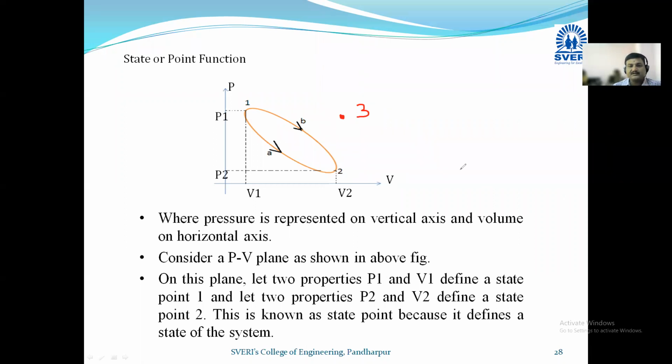Okay, have you written it? Yes, sir. It is just general information about this particular diagram, the PV diagram. We are still a little bit away from state function and path function.